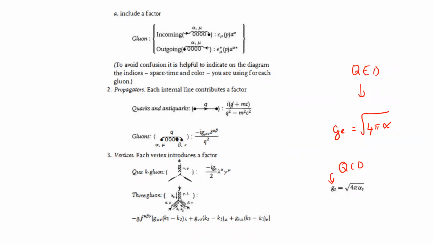This is what we calculate, the scattering amplitude. Because as I said, quantum field theory was first used to calculate scattering amplitudes for processes that happen within the particle collider. So that is what we do.